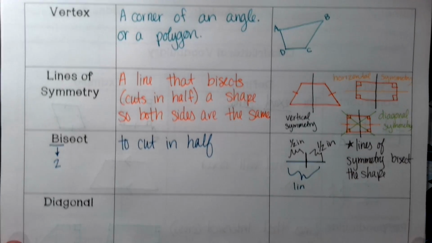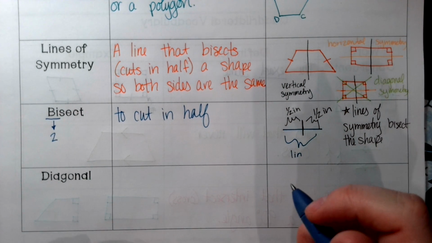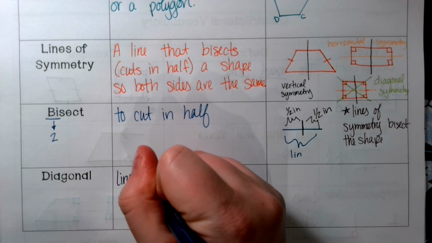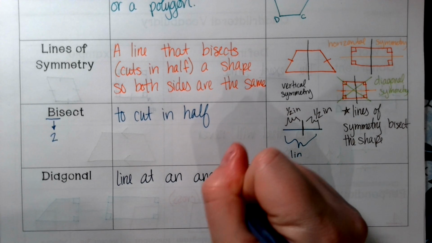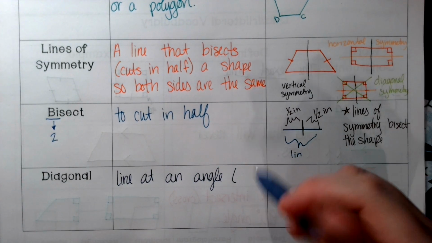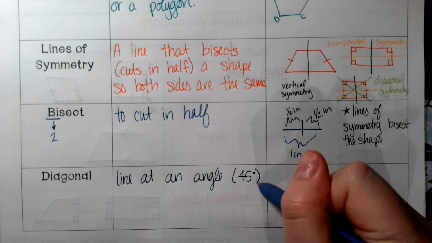And then our last word is diagonal. Diagonal means that we have a line at an angle. That angle specifically is a 45-degree line.